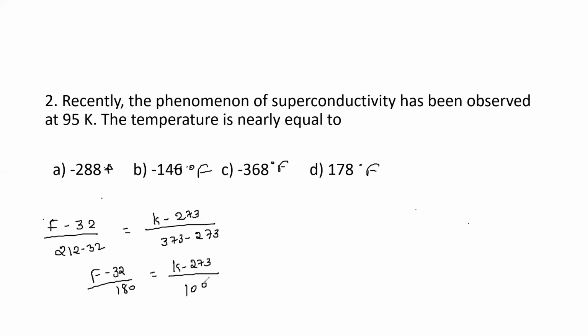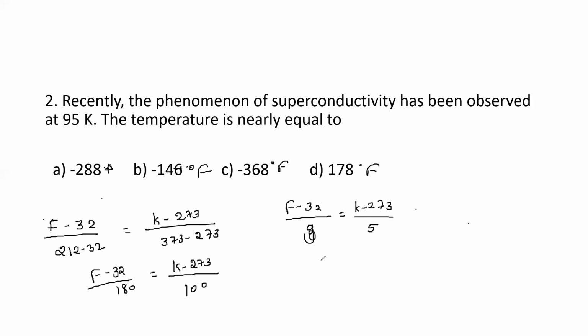This can be written as F minus 32 divided by 9 is equal to K minus 273 divided by 5, since here it is 180 and 100.